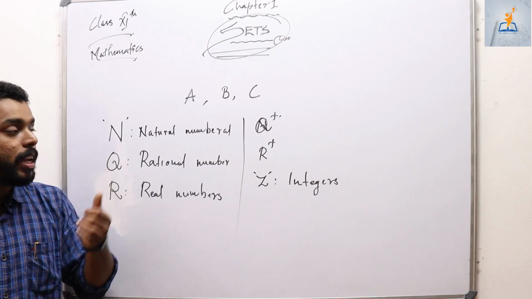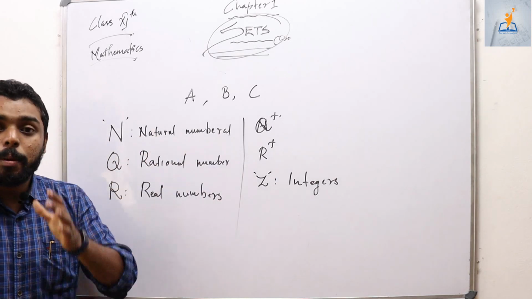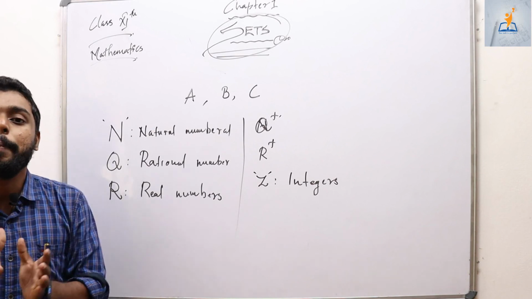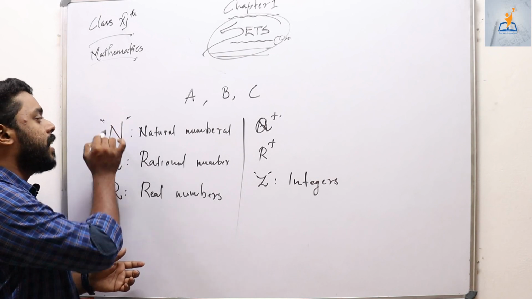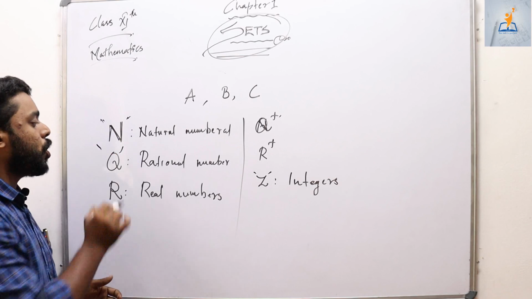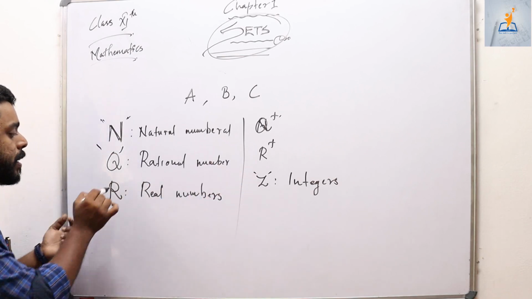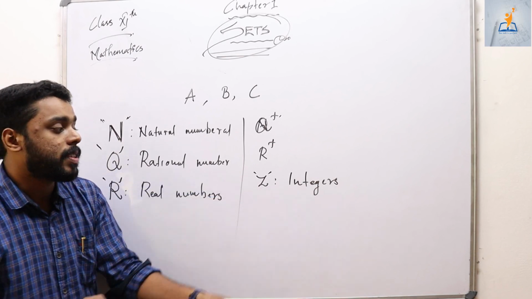Now you know why we used these letters to name these sets, because we always use some capital letters to represent a set. We fixed the letter N as the set of natural numbers, letter Q as the set of rational numbers, letter R as the set of real numbers, letter Z as the set of integers.